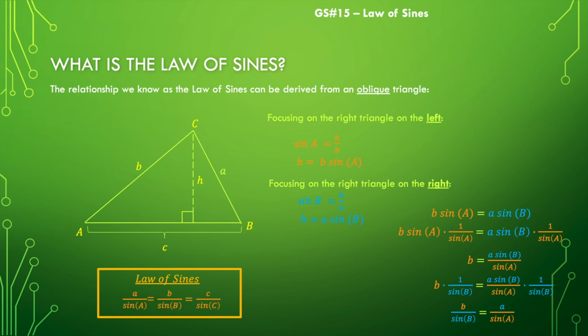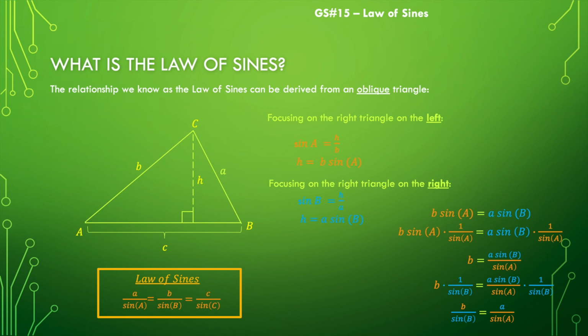The law of sines just says that those pairs are proportional. The length of side a over the sine of angle A is equal to the side length of b over the sine of angle B, which is also equal to the side length of c over the sine of angle C. That allows us to do some things that we were not able to do prior to knowing this law.